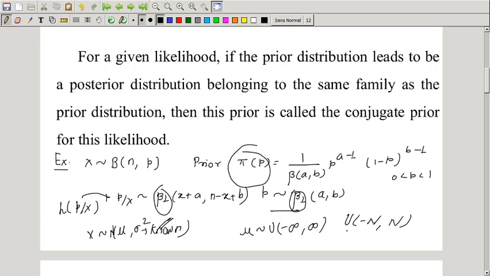The PDF of this distribution is 1 by 2n, which is constant.